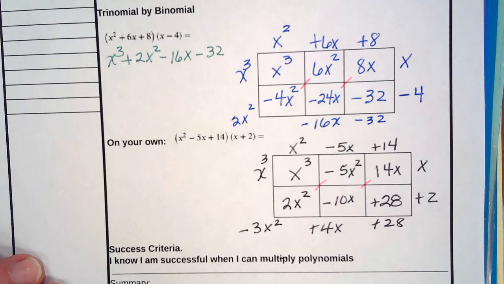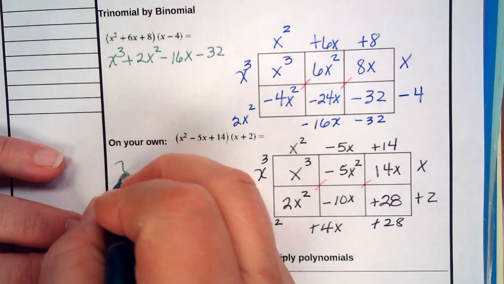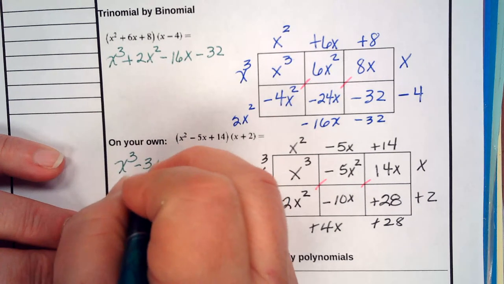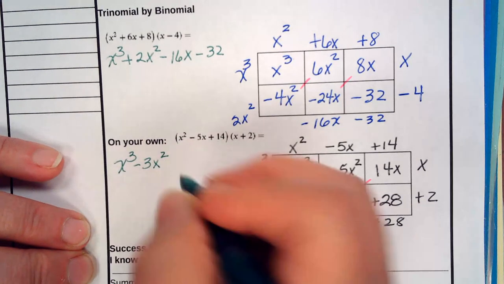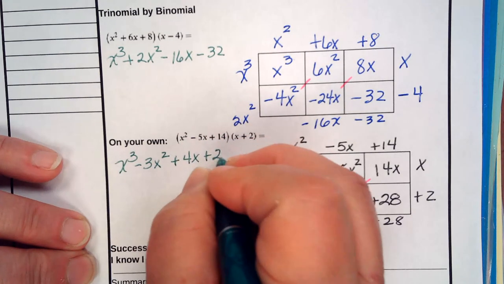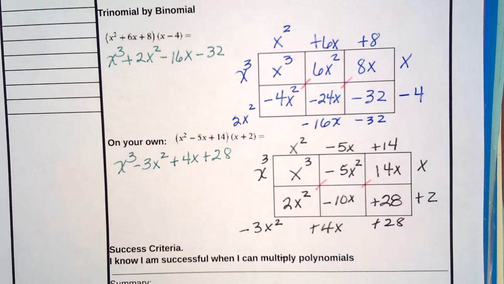So the answer to the last one is x to the third minus 3x squared plus 4x plus 28. You know you are successful when you can multiply polynomials.